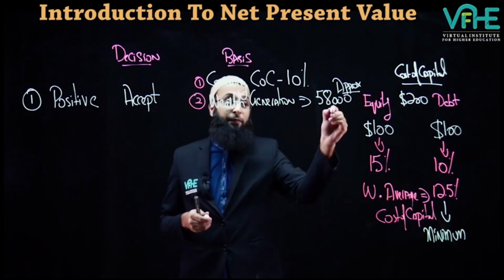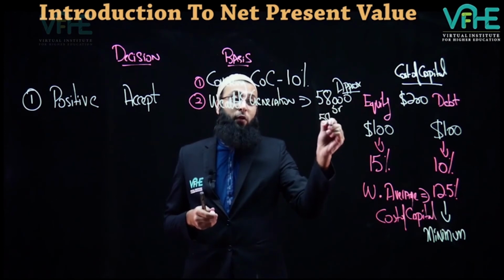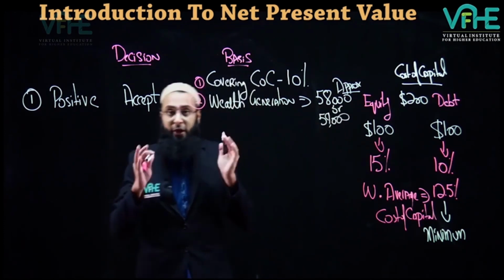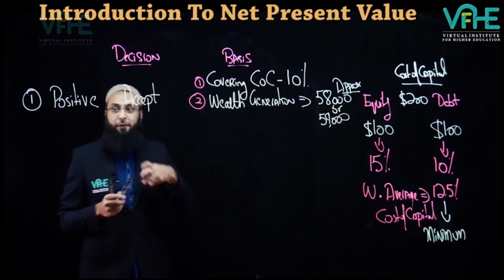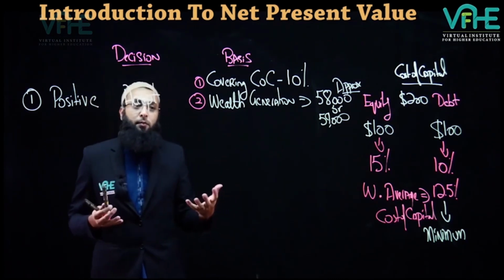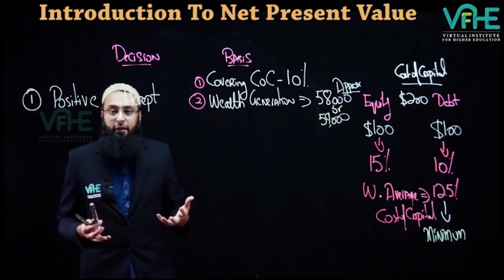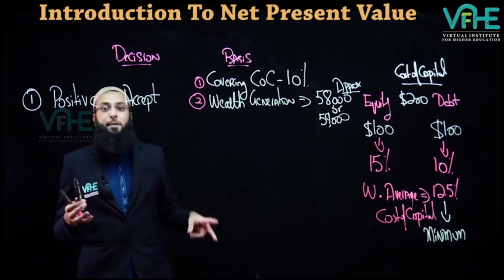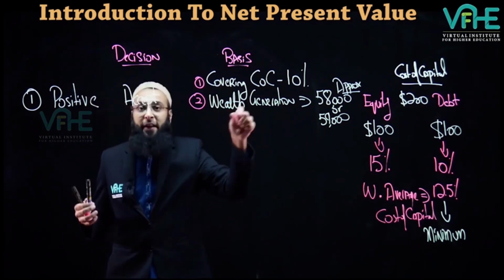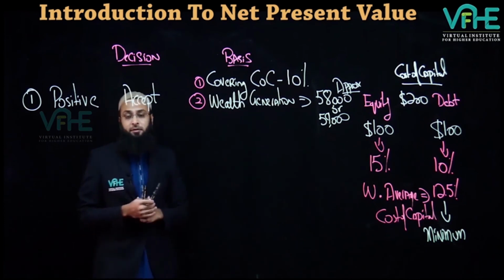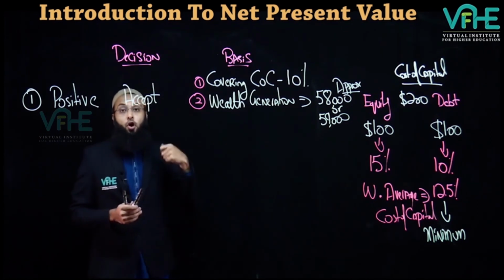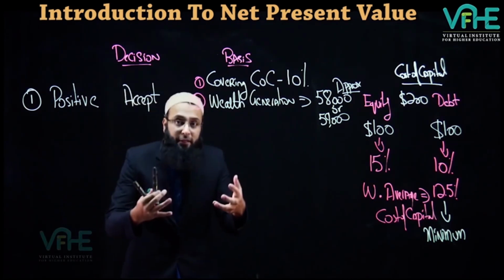I hope this is clear. Now, you need to make this clear in your mind that if it is positive, okay, accept it. But why? There are two bases behind that. Number one, it is covering the minimum cost of capital. Also, it is generating wealth.